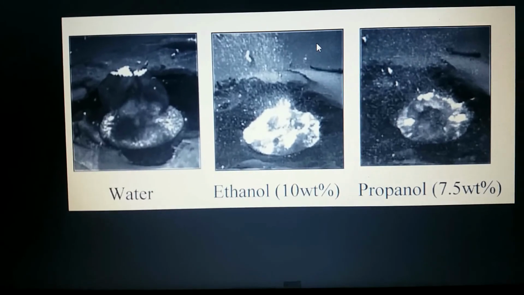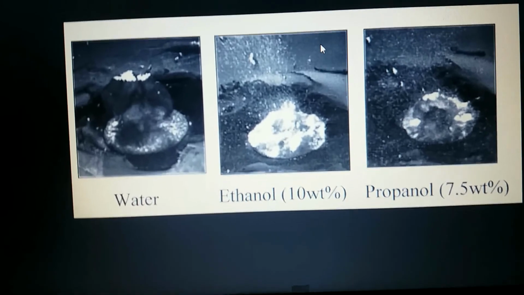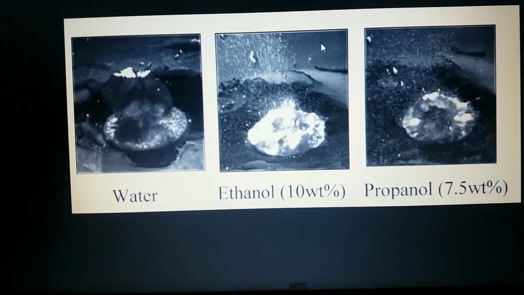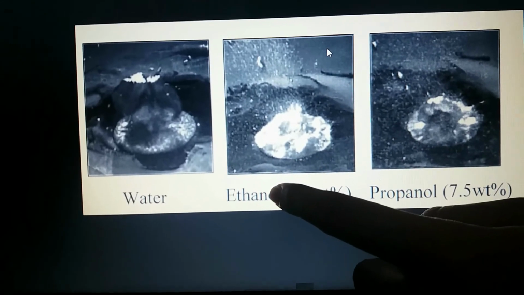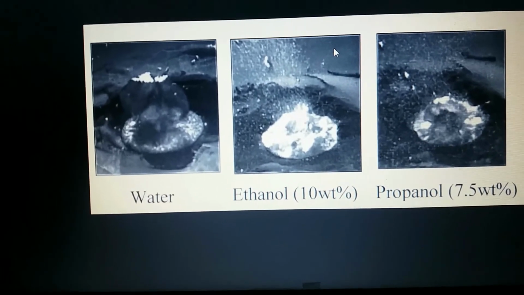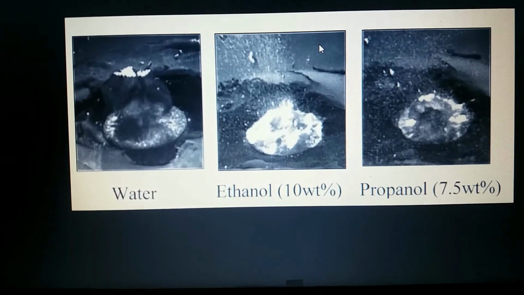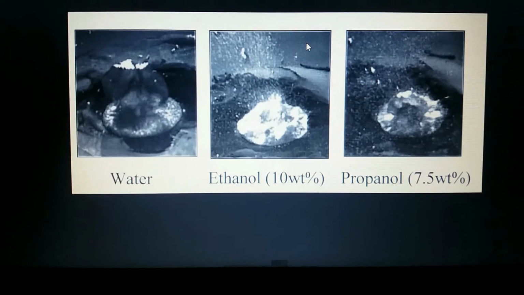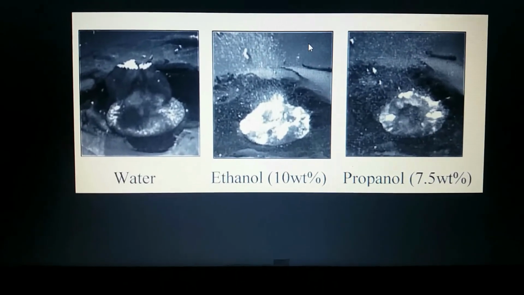The boiling liquid is a mixture of water and an aqueous solution of 10% ethanol, this one, and 7.5 weight percent of propanol. The boiling is performed in subcooled forced pool boiling under atmospheric conditions.